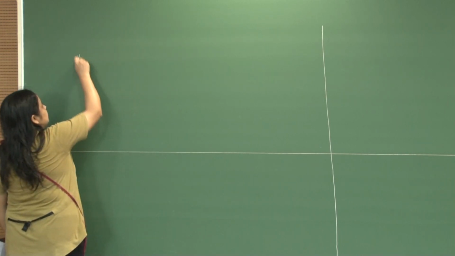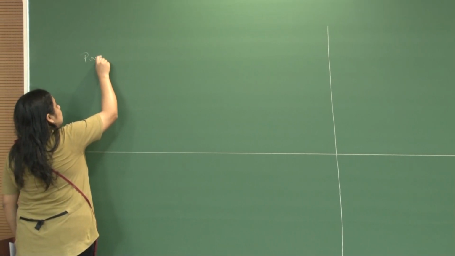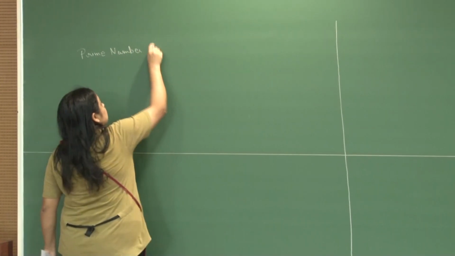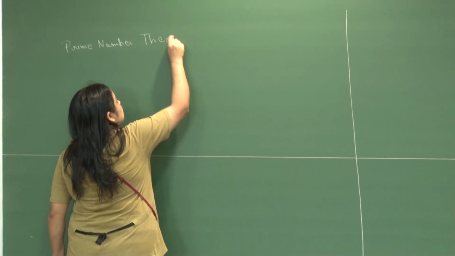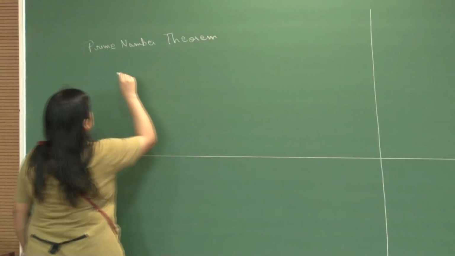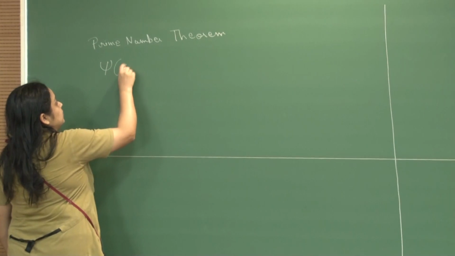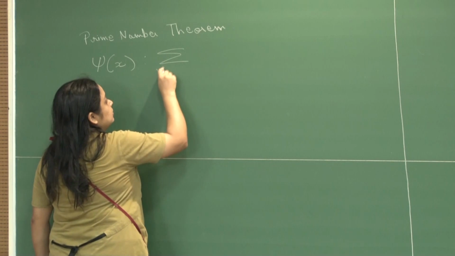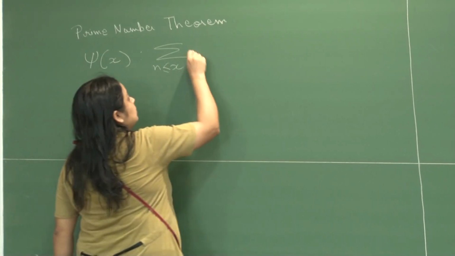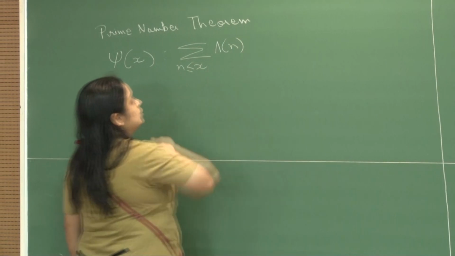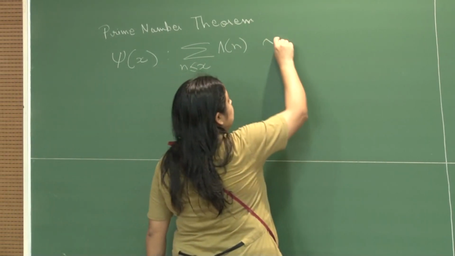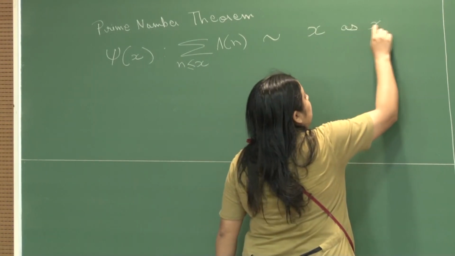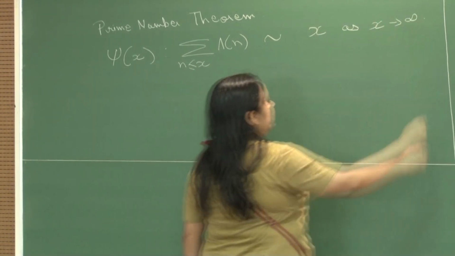Okay, so we are discussing the prime number theorem. One way of stating it, as we have learned in previous classes, is that the partial sums of the von Mangoldt function are asymptotic to x as x goes to infinity.